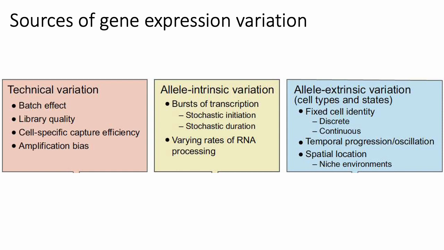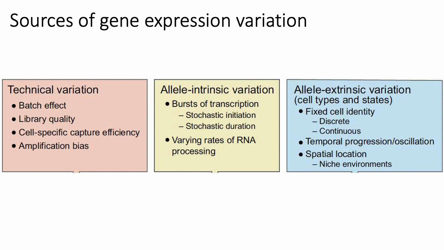Capture efficiency refers to how efficiently you can capture mRNAs once you lyse your cells. This can vary a lot depending on a number of factors, including, it turns out, how many RNAs are actually in the cells in the first place. For example, cells that have a lower total amount of RNA tend to have lower capture efficiency for some reason.